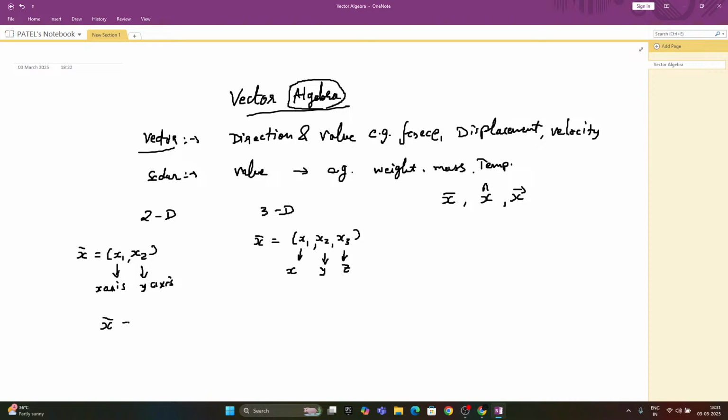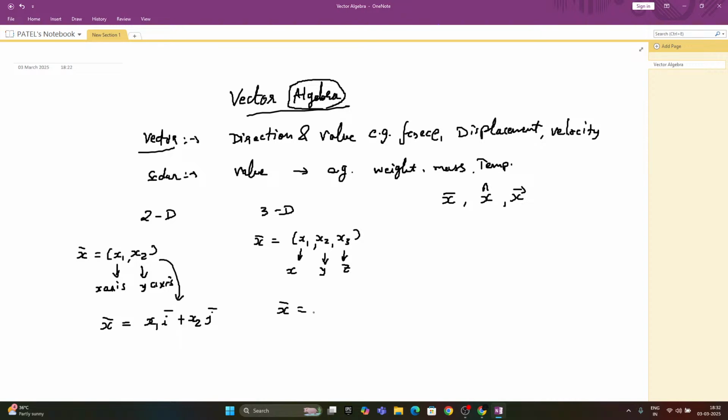Also, a vector can be described in unit form, with the help of i, j, k. i, j, and k are the unit vectors, which are the basis of vector algebra. It looks like x1 i plus x2 j. This formulation is in ij form.